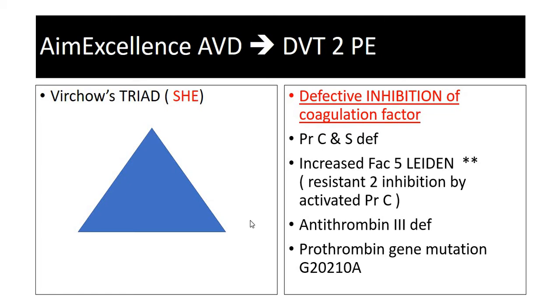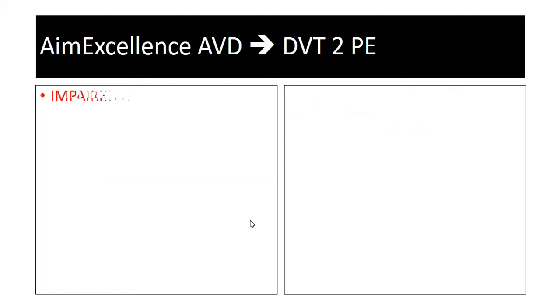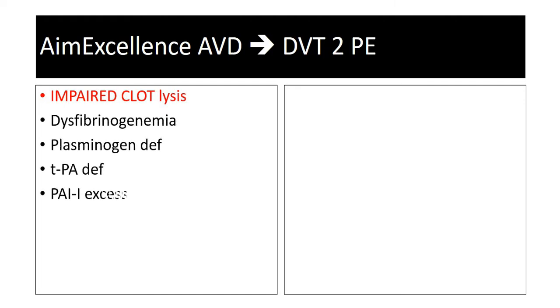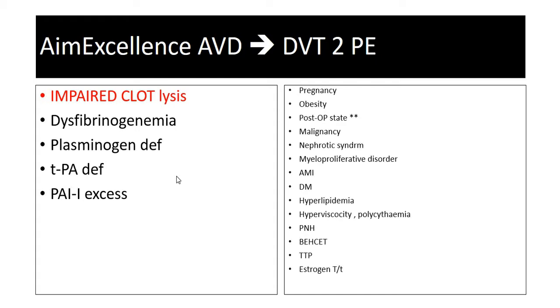Even if the clot forms, it can be lysed. But in deep vein thrombosis, another aspect of the pathogenesis is impaired clot lysis. Because of dysfibrinogenemia, plasminogen deficiency, tissue plasminogen activator deficiency, and plasminogen activator inhibitor 1 excess, all these 4 points lead to impaired clot lysis.